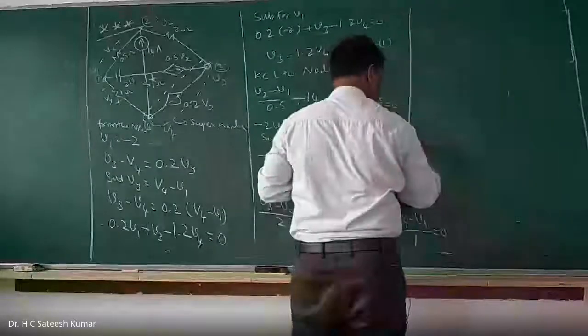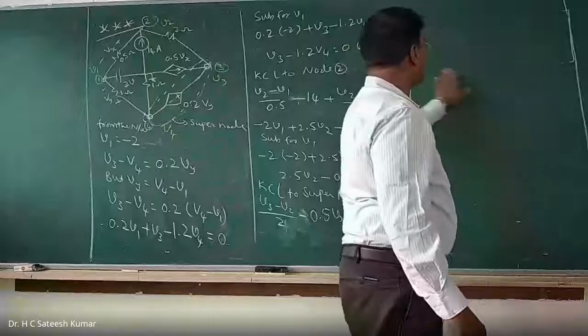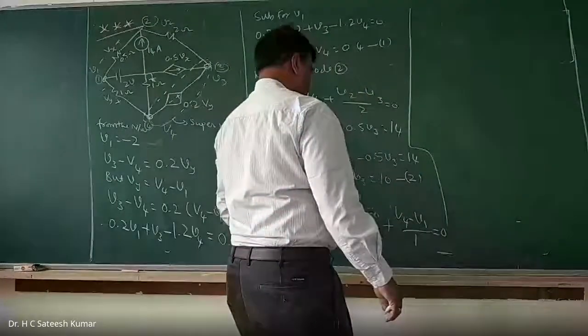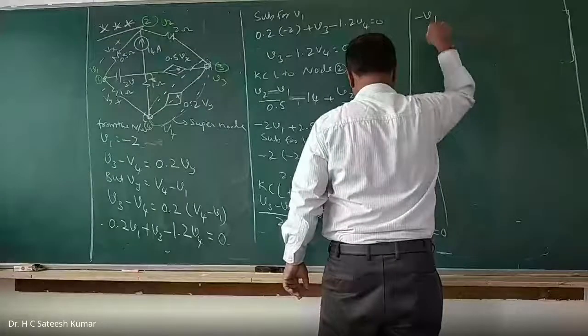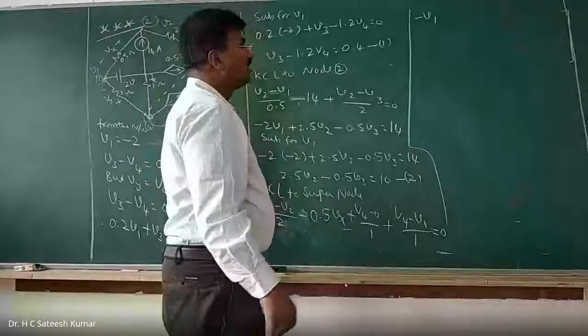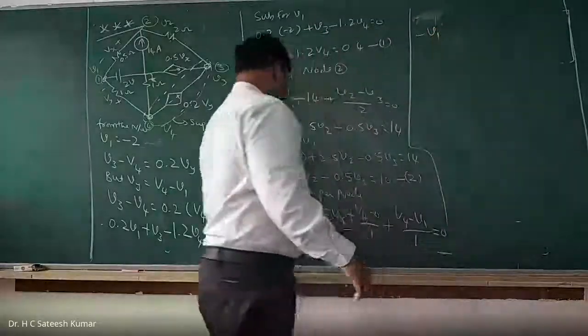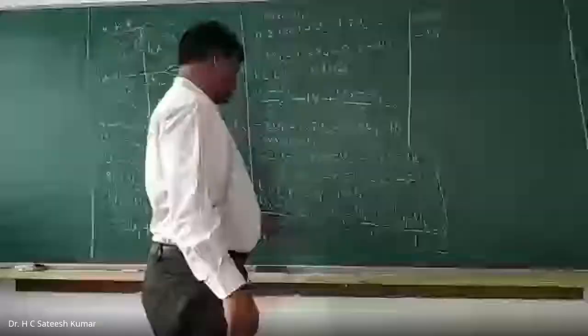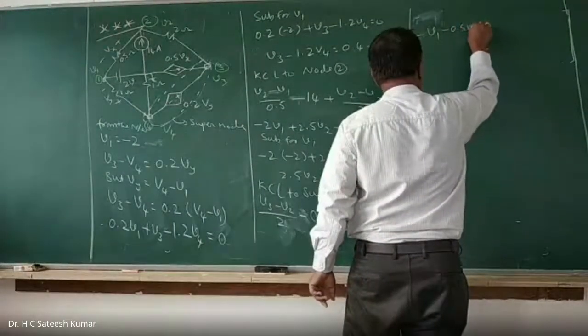Now, you can write this side. Okay, what is that? V1 coefficient: minus V1 minus V1. What about V2? Minus 0.5 V2.